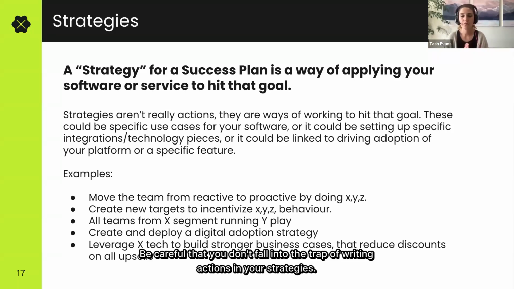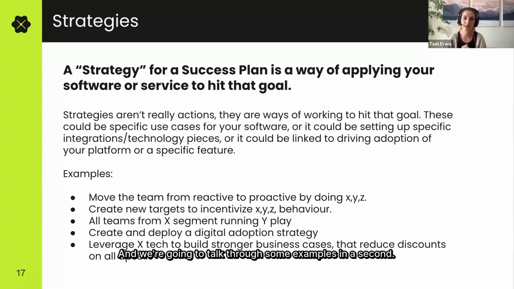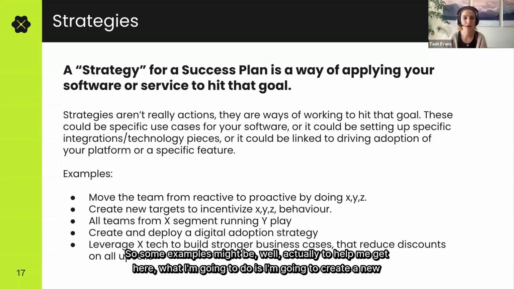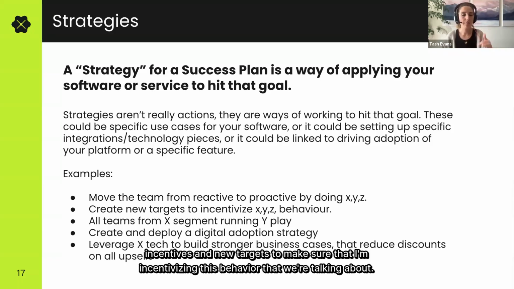Be careful that you don't fall into the trap of writing actions in your strategies. And we're going to talk through some examples in a second. But these need to be use cases or applications to get to that goal. So some examples might be, well, actually, to help me get here, what I'm going to do is create new incentives and new targets to make sure that I'm incentivizing this behavior that we're talking about.